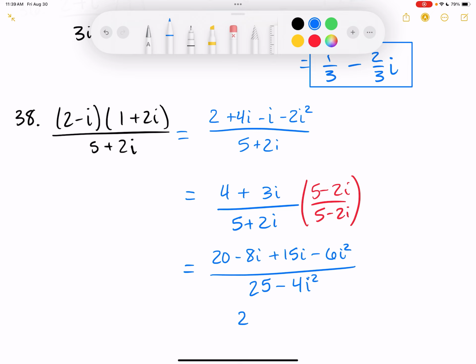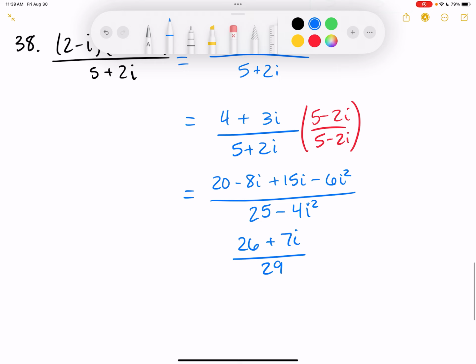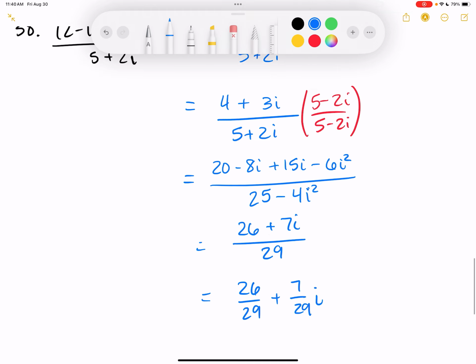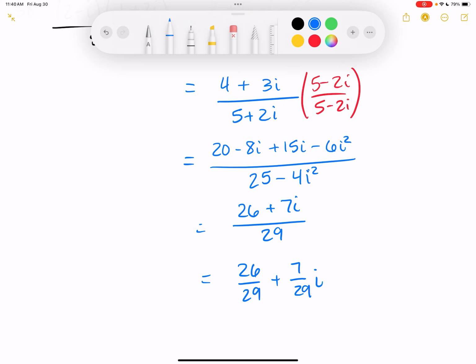So 26 plus 7i over 25 plus 4, so what is that, 29. So then to split it, I get 26 over 29 plus 7 over 29 i. Sometimes when you get to this point where it's split, you can also reduce something else. If you can, then obviously do that, but I can't on this one.